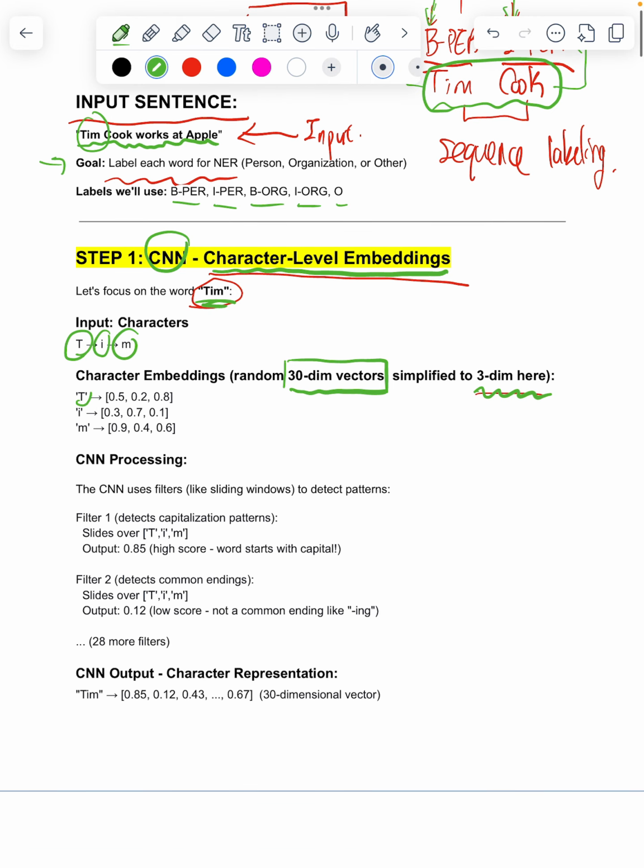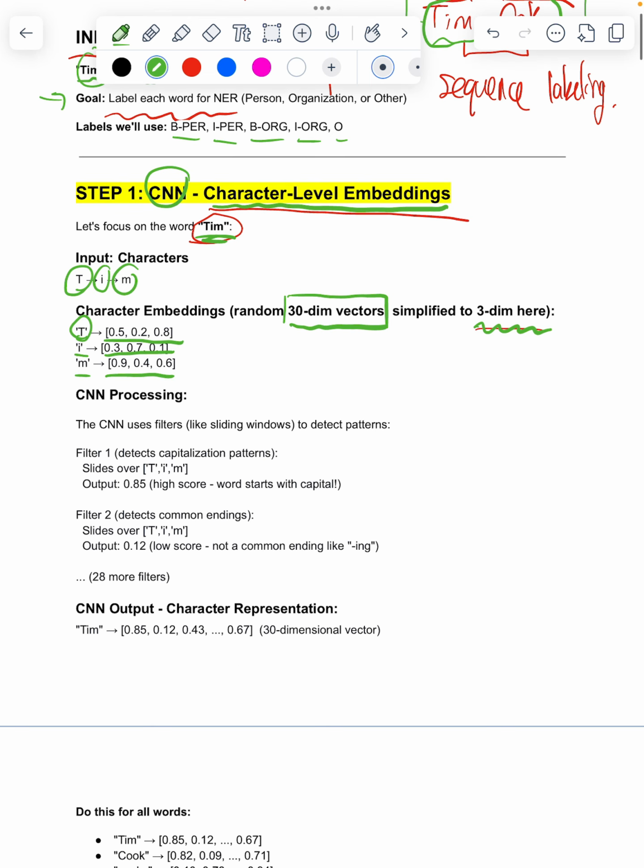So T has a 3-dimensional vector, I has a 3-dimensional vector, M has a 3-dimensional vector. The CNN uses filters to detect patterns. Filter 1 detects capitalization patterns; it slides over T, I, and M and gives a 0.85 score. Filter 2 detects common endings, and gives a low score for T, I, M.